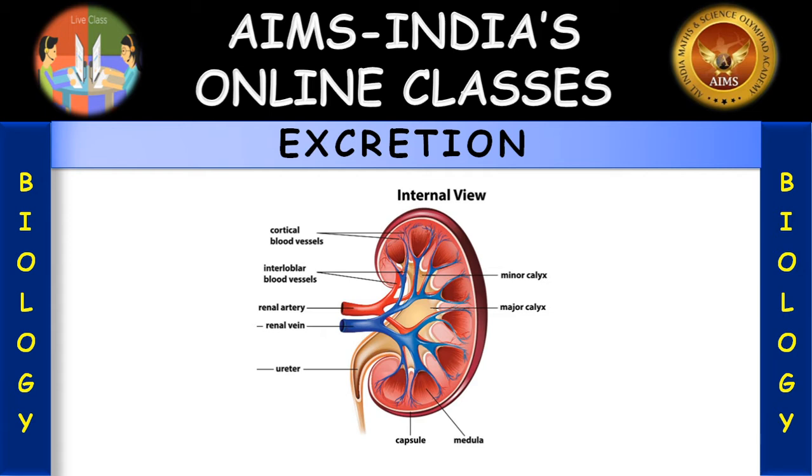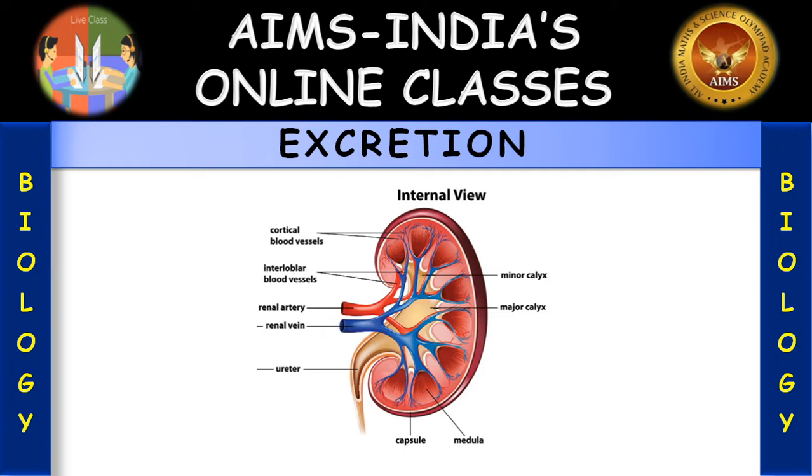They are called structural and functional units of a kidney. Then a nephron comprises glomerulus, Bowman's capsule, proximal convoluted tubule, Henle's loop, distal convoluted tubule, and a collecting duct or collecting tubule.